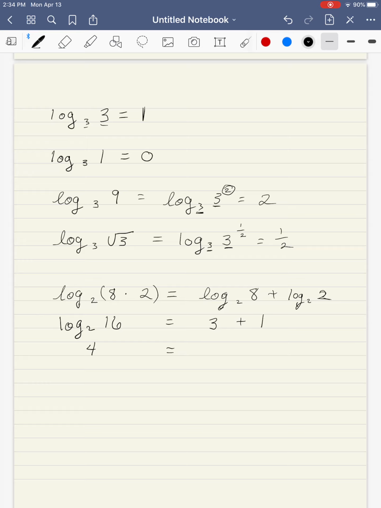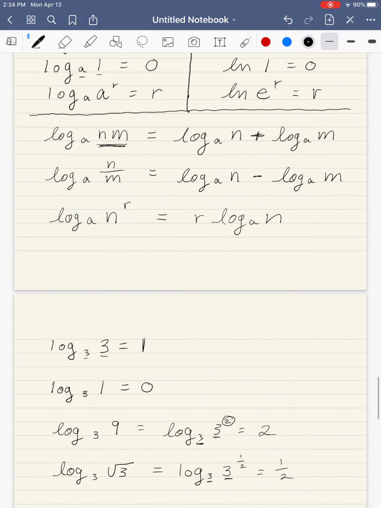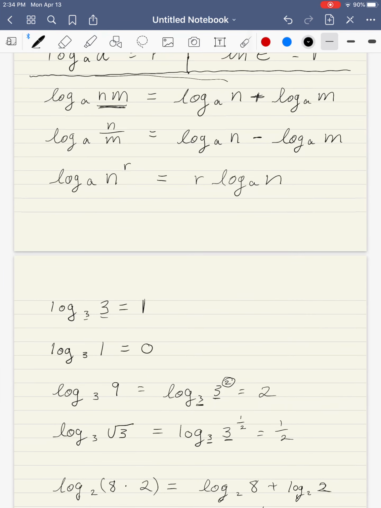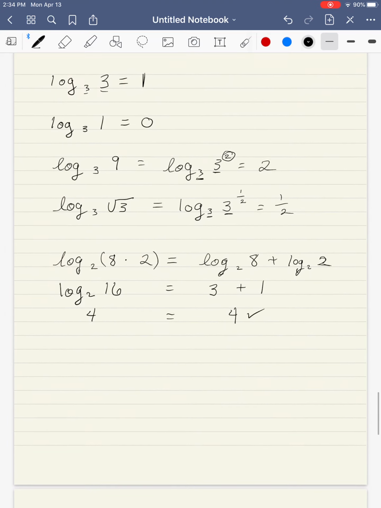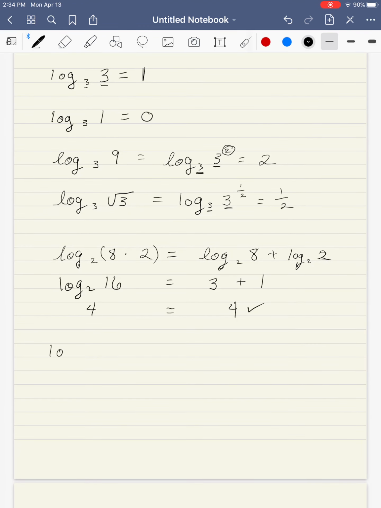And then 2 to what power equals 2? 2 to the 1st power equals 2, and 3 plus 1 is 4. So this is showing us how this logarithmic principle works.